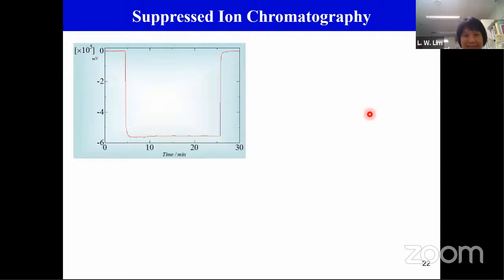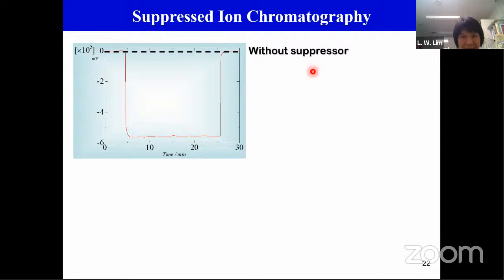So this is the actual chromatogram we got with a suppressor and without a suppressor.